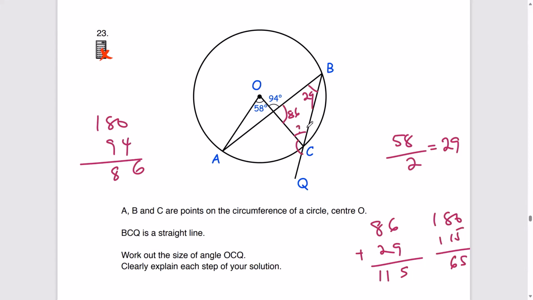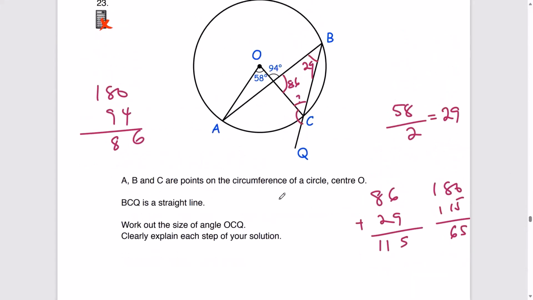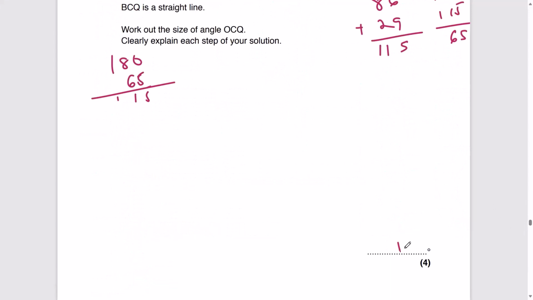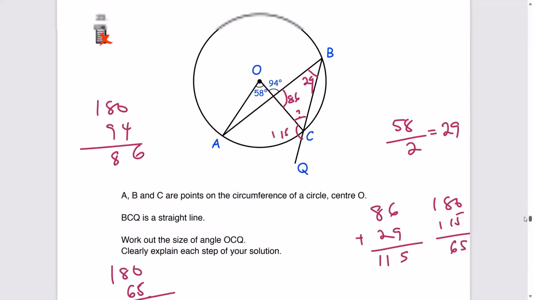Now, if this angle here is 65, you can easily work out this angle here because it's a straight line. You do 180 minus 65, which will be 115. So angle OCQ is 115 degrees. What did you get? I got 115 as well.